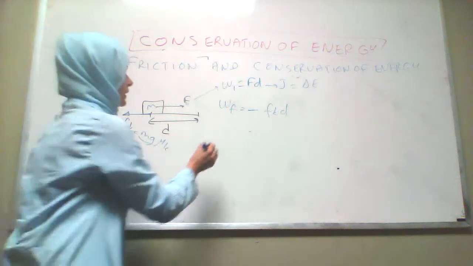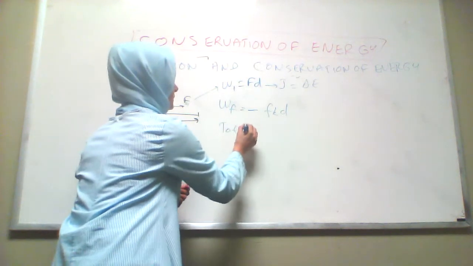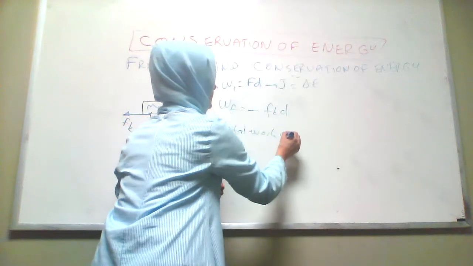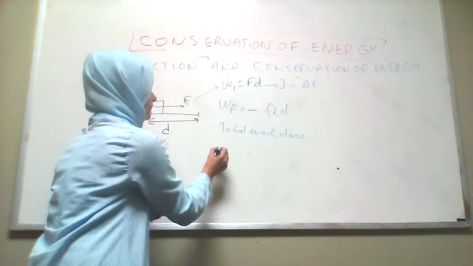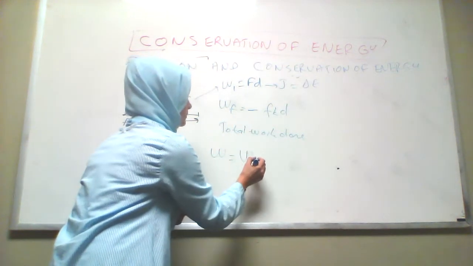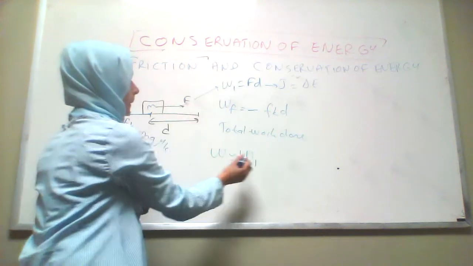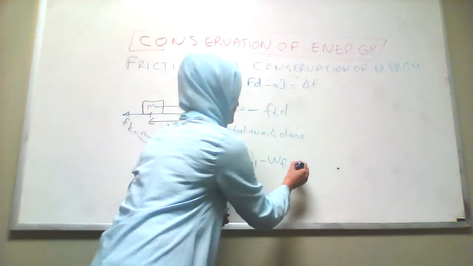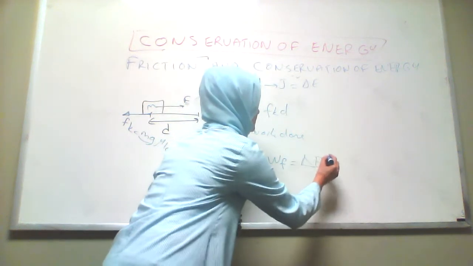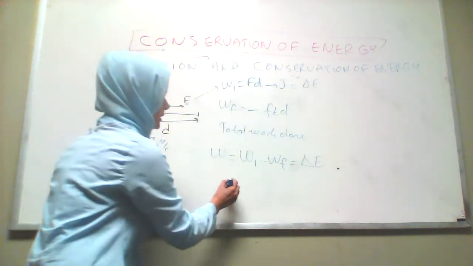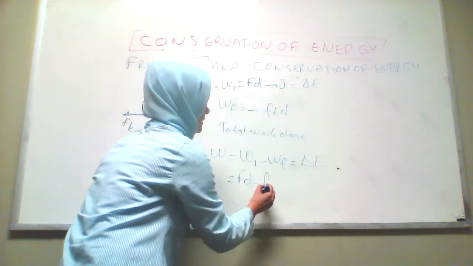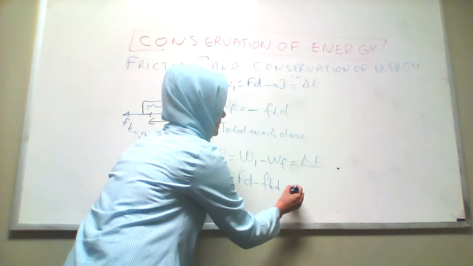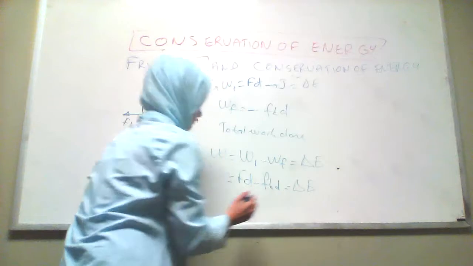And the total work done here will be the work done by F minus the work done by the frictional force. This will still be equal to the change in energy. So it will be F times d minus F friction times d. And this is still equal to the change in energy.